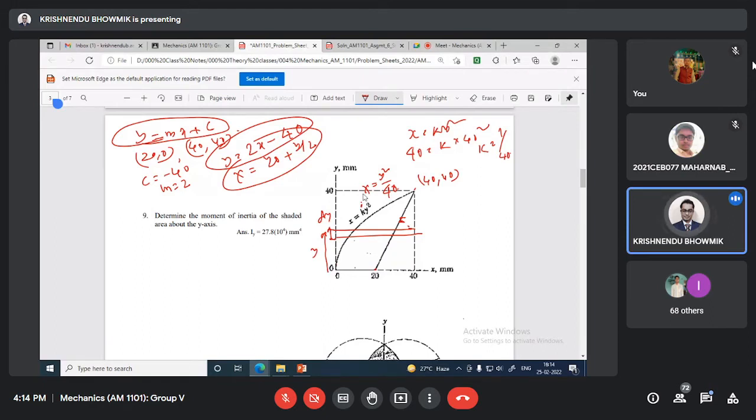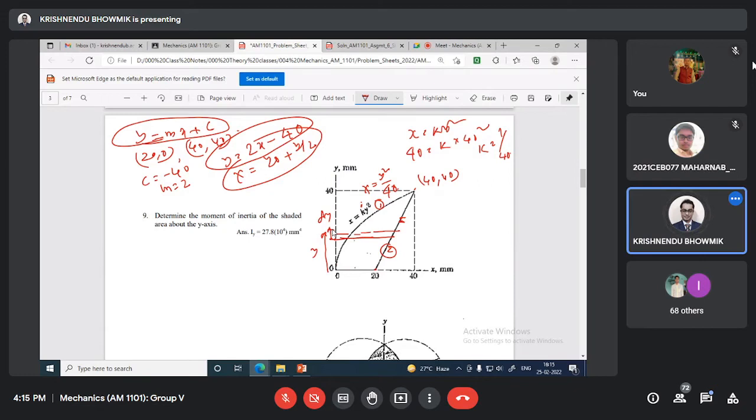Now this is say 1 and this is say 2. Our target is Iyy. This is the small strip up to this.